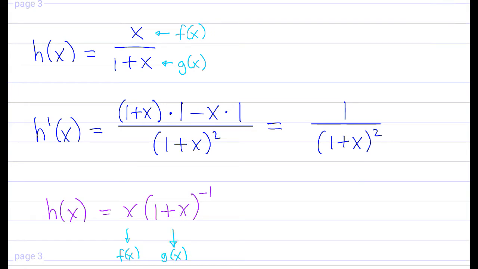And actually, that's completely correct. You can do that. I didn't do it that way because, again, this is a video about the quotient rule. But if you want to do this using product rule, you can actually always do that.